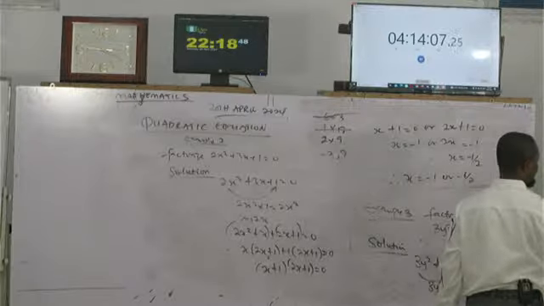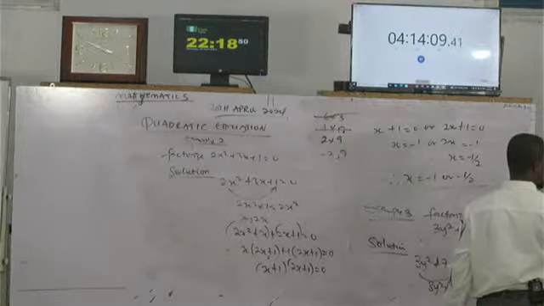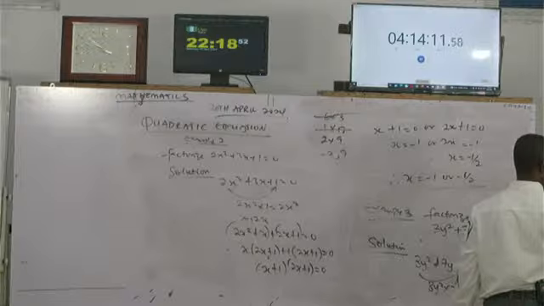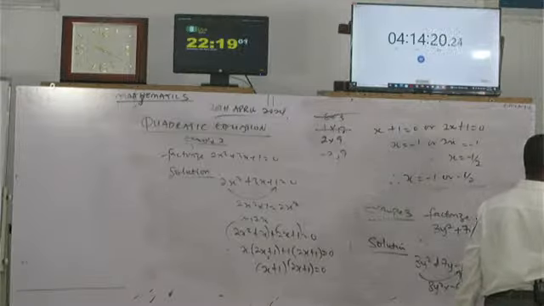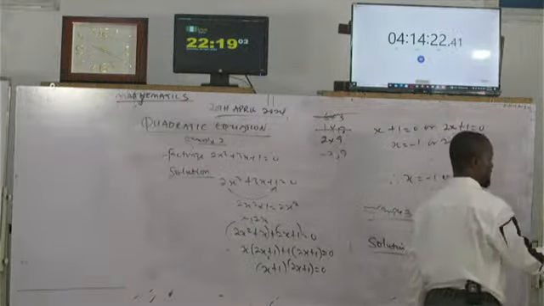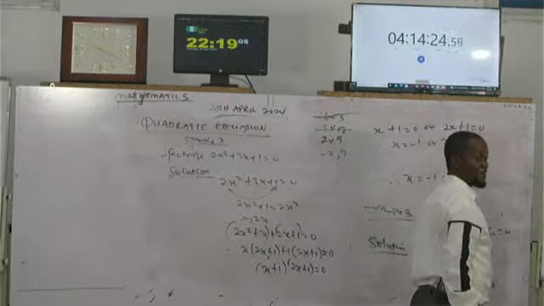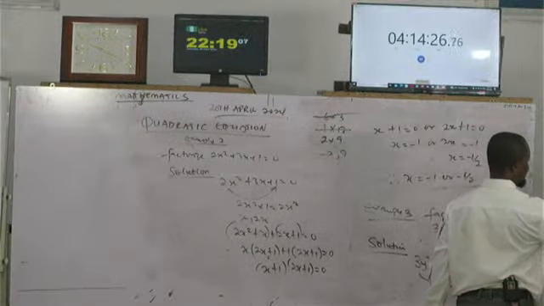What's common here? 3 is common here. y minus, what do we multiply with 3 to get this? Minus 2. If you multiply this with this, this with this.